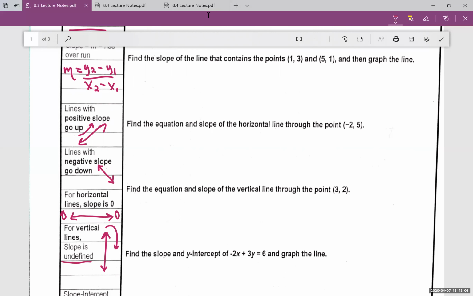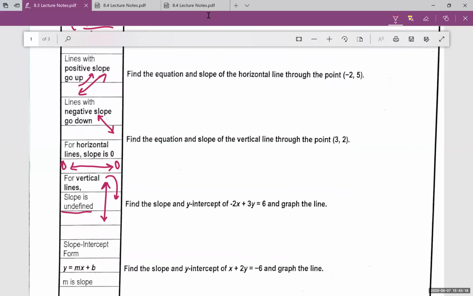Slope is undefined, okay? So interestingly enough, you're going to run across some questions where if you have a horizontal line and they ask you what the slope is, you're going to say 0. If you're looking at a vertical line and they ask you what the slope is, you're going to say undefined. Easy answers, but you just have to remember that.